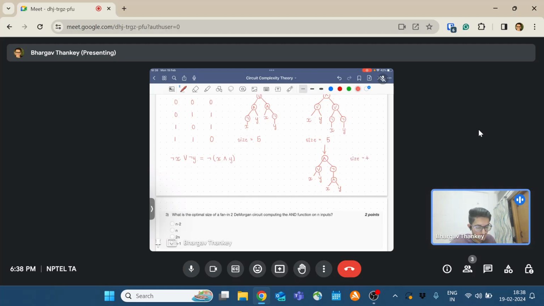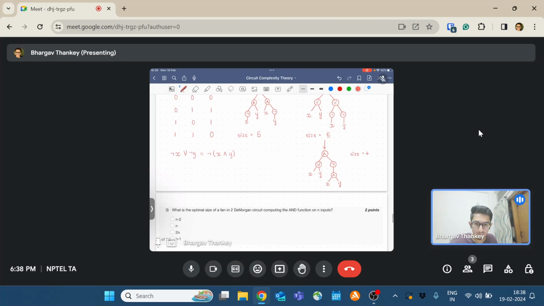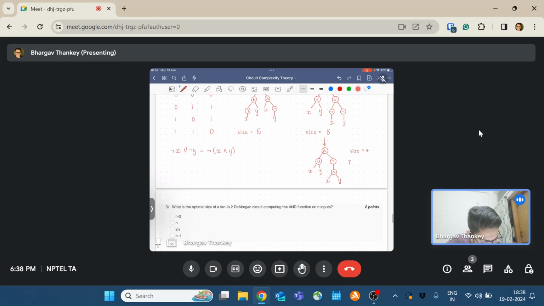Okay, and in fact, this is a formula, right? Because the underlying graph is a tree. So the circuit is a formula.